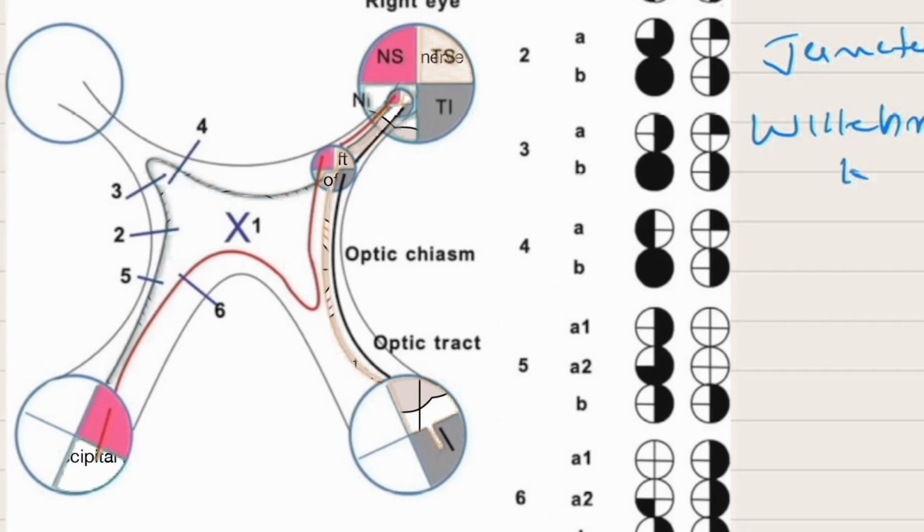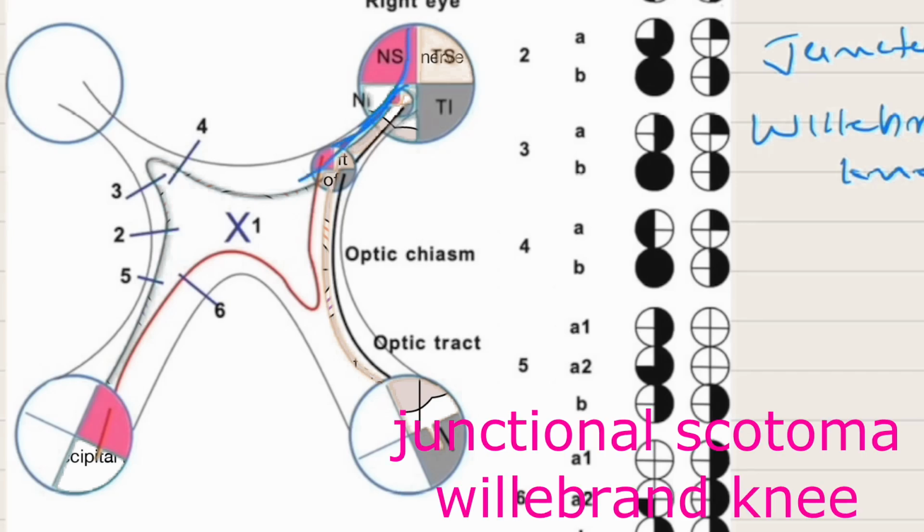Willebrand's knee. So what is it? The nasal fibers, which is representing the temporal field, goes like this anteriorly to the optic nerve before going back. So suppose there is a problem here.